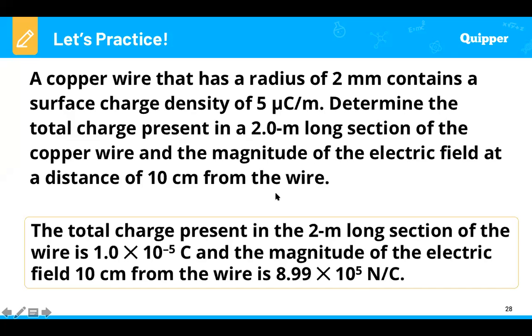We have 1.0 times 10 raised to negative 5 C, that's for the charge, and the magnitude of the electric field, we have 8.99 by 10 raised to 5 N over C. So we are correct.